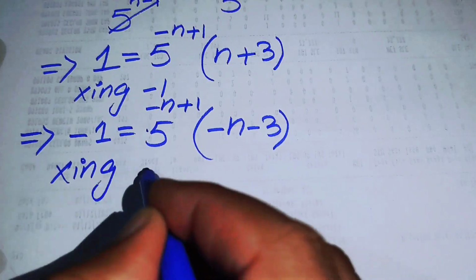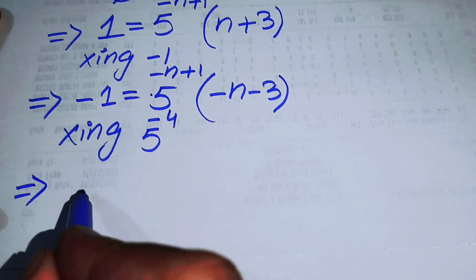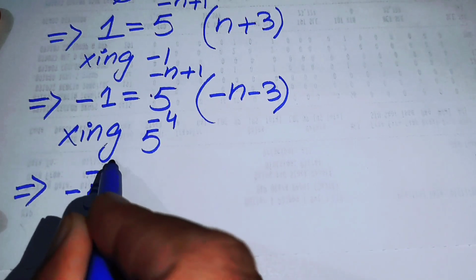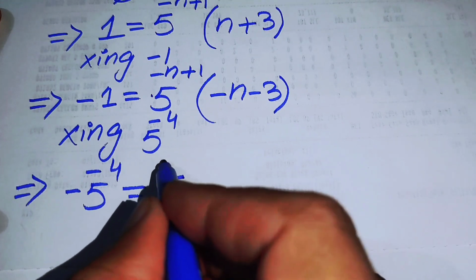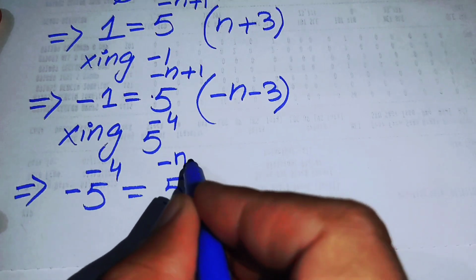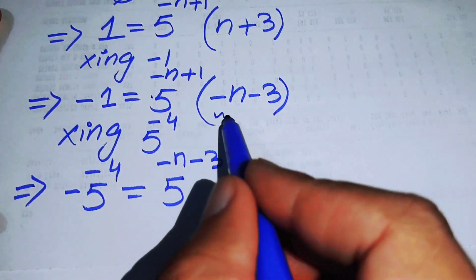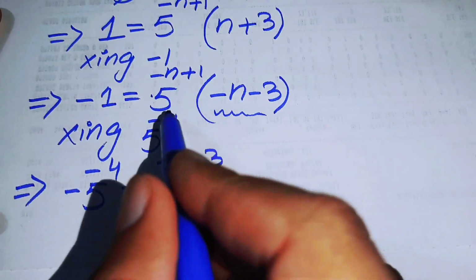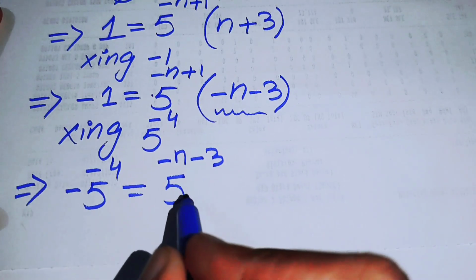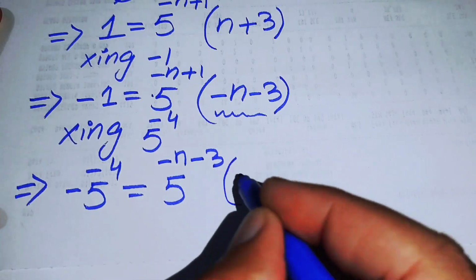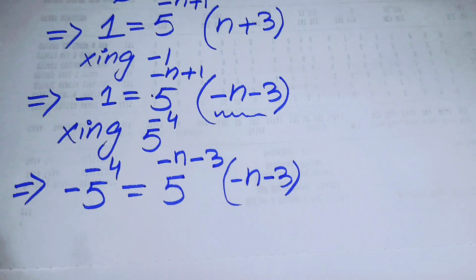So we will get minus 5 to the power of minus 4 is equal to 5 to the power of minus n minus 3, because we need to make this function in its exponent, so we do these steps. So now we get 5 to the power of minus n minus 3 into minus n minus 3.